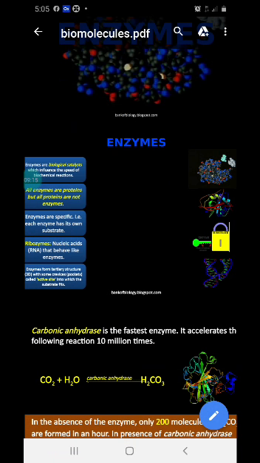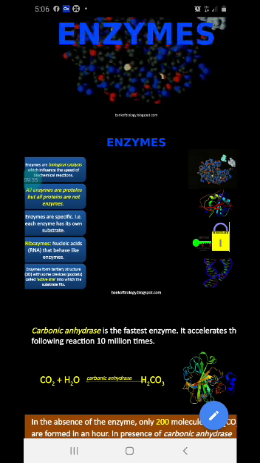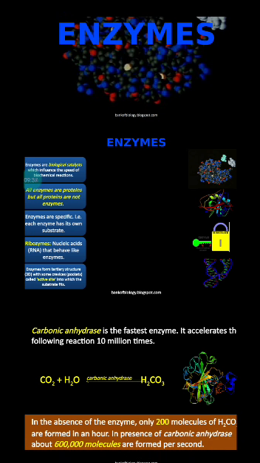Carbonic anhydrase is an enzyme which acts on carbon dioxide and water to give carbonic acid. Where is this reaction happening? In our RBC during the transport of oxygen. Carbon dioxide and water combine to give H2CO3, carbonic acid, catalyzed by an enzyme called carbonic anhydrase.